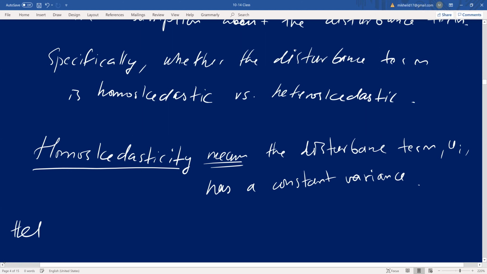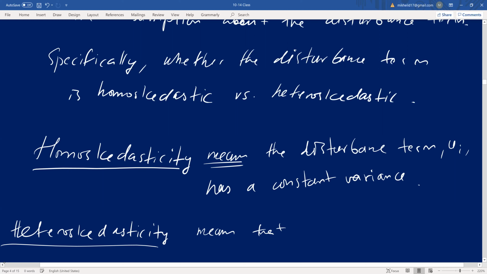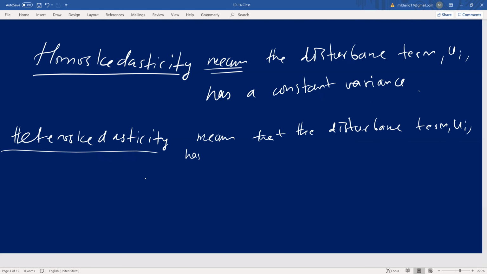And heteroscedasticity means that the disturbance term doesn't have a constant variance.